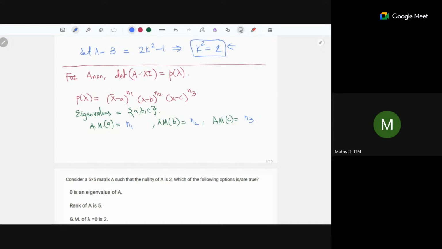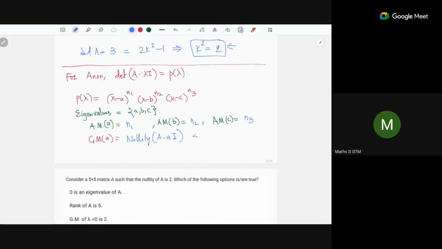Now, what will be the geometric multiplicity of a? By definition, the geometric multiplicity will be equal to the nullity of the operator A minus aI.